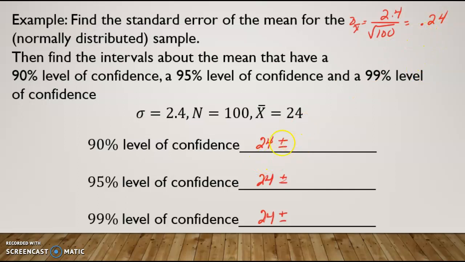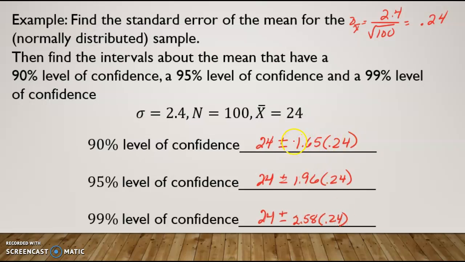You will have, and I used 1.645, we'll just go to 1.65 times the 0.24. And then this one was 1.96 times 0.24. And 2.58 times 0.24.